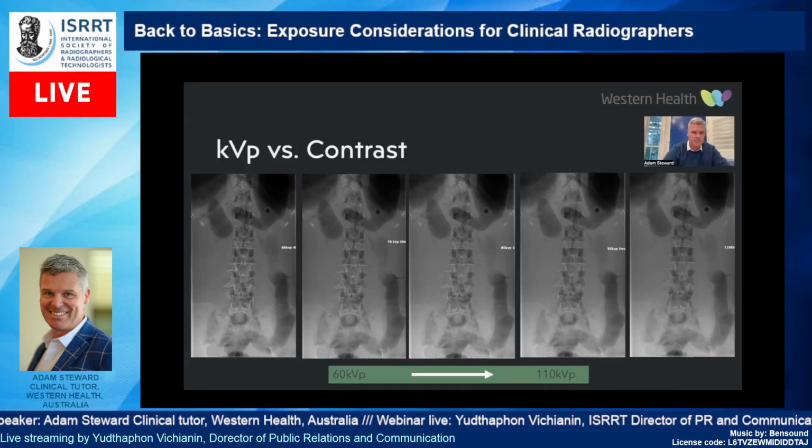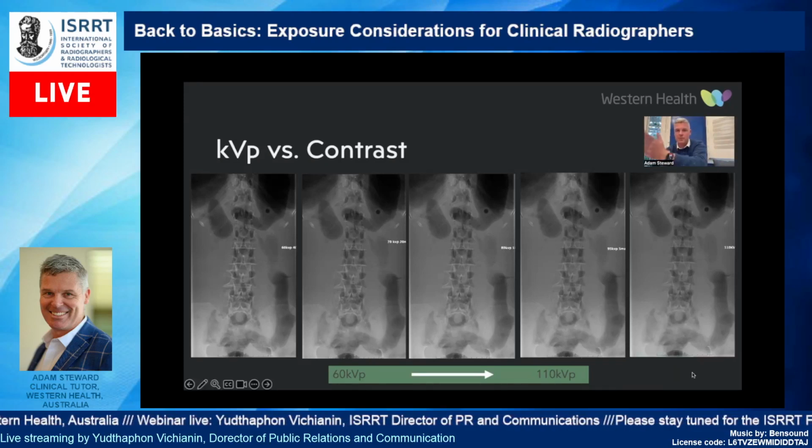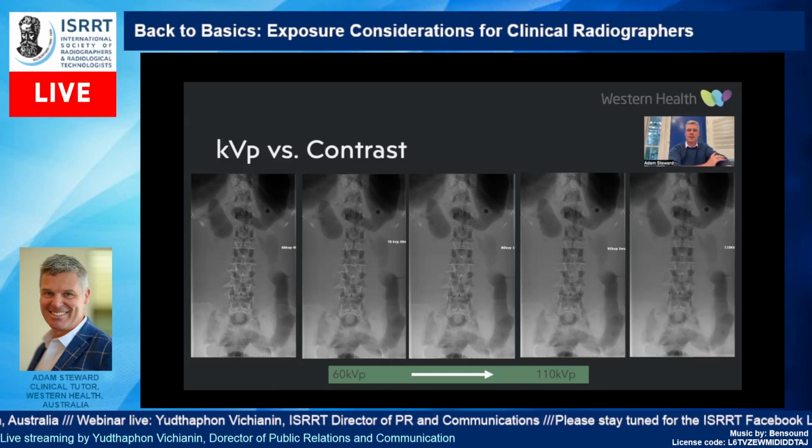With the contrast, however, if you look at this, you can see this is 60, 70, 80, 95, and 110, 15% increments all the way through these images. And from my perspective as an experienced radiographer, there's very subtle changes. It's very difficult to determine a difference in contrast between these images.